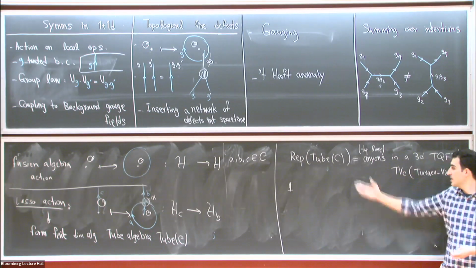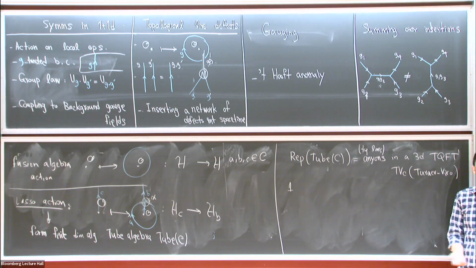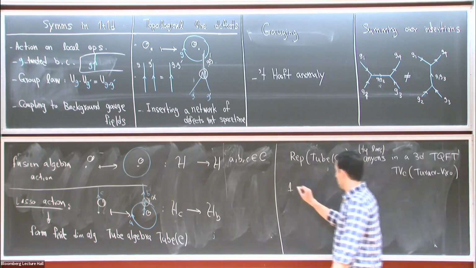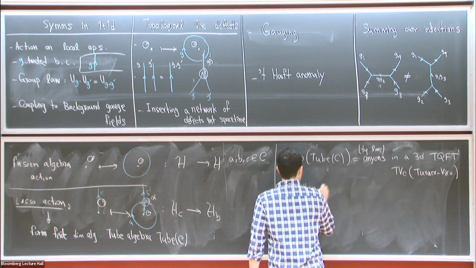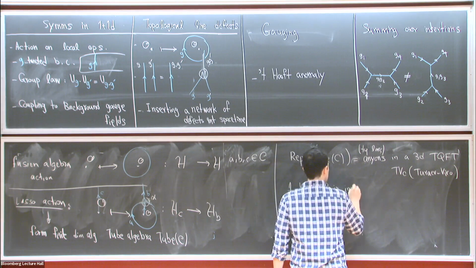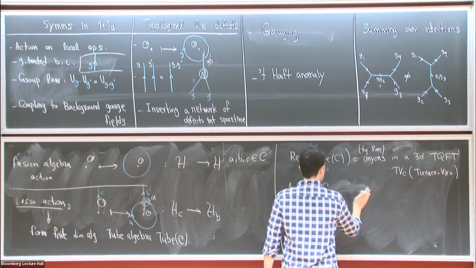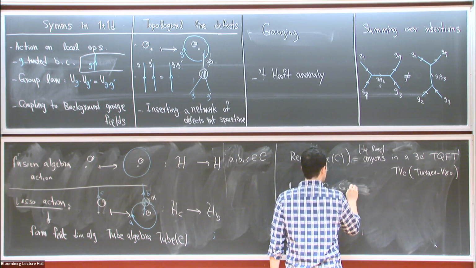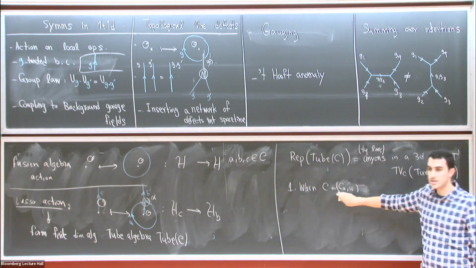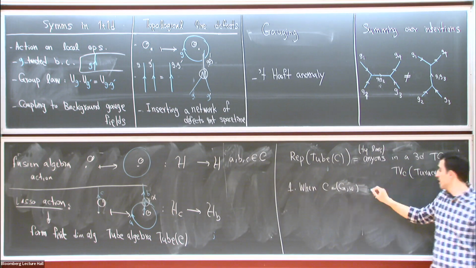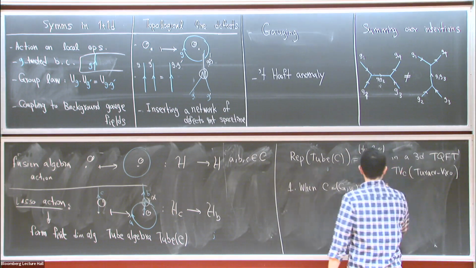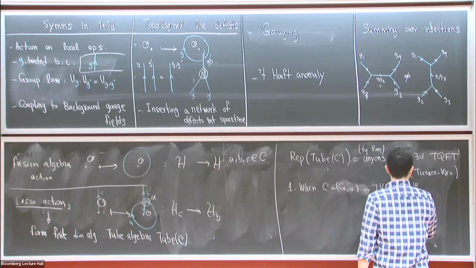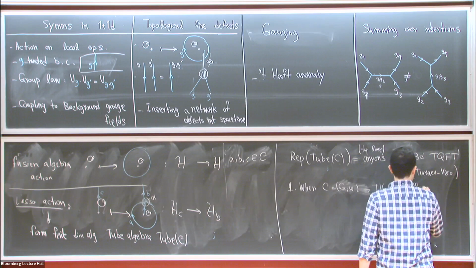So you could ask, when this symmetry is invertible, just an ordinary group symmetry, what is this TQFT? Is this something familiar that we know? The answer is yes. So when C is invertible, I mean it's just given by a discrete group G, and it has an anomaly. So let's say this is just a group G with an anomaly omega. Then T of C is just the G, omega Dijkgraaf-Witten theory.